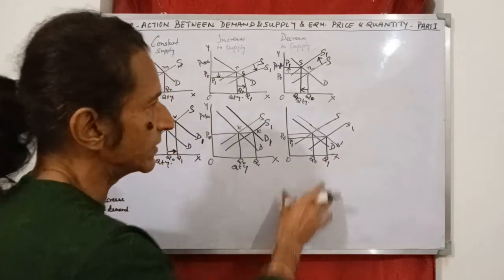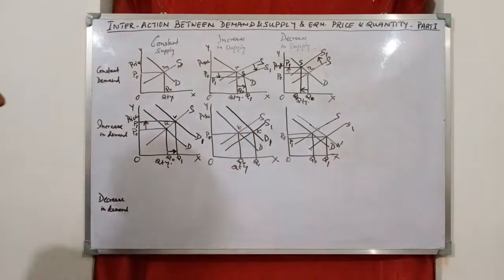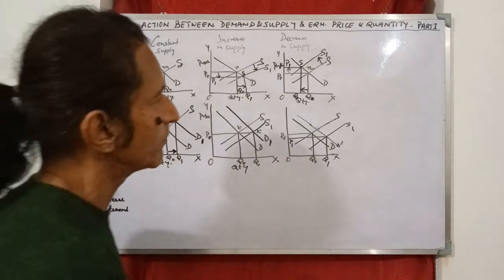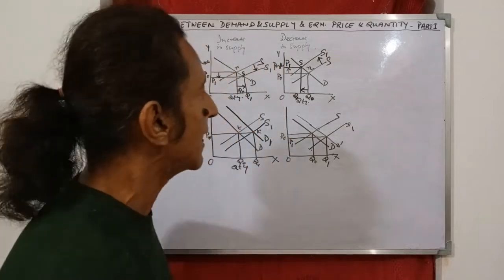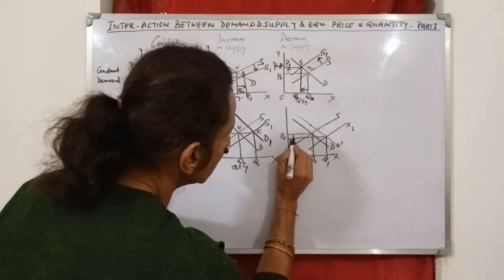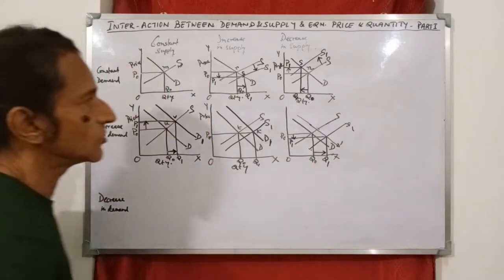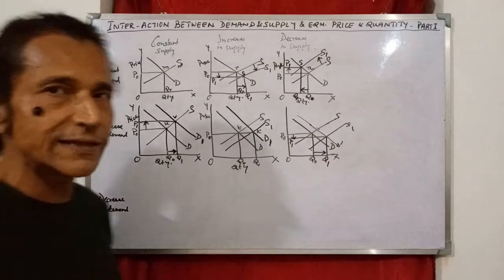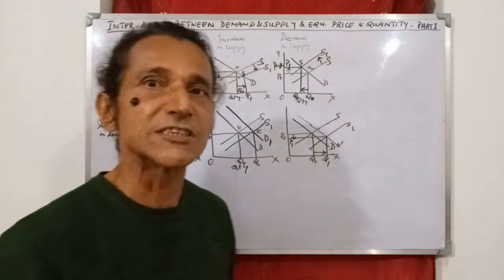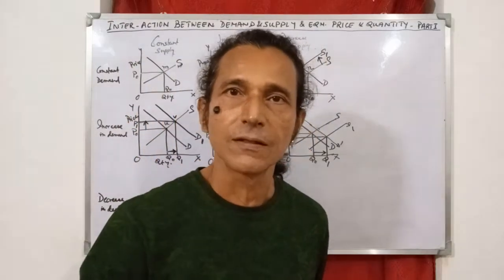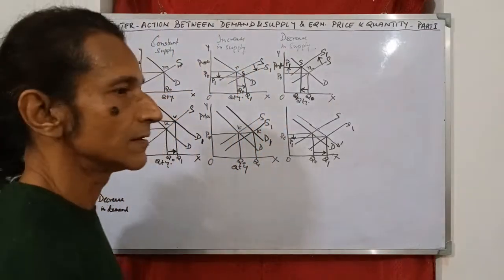Here the same thing is happening, that is demand is increasing and supply is also increasing, but increase in supply is more than the increase in demand. As a result, equilibrium price has fallen, equilibrium quantity has increased. So whether there will be any change in price or not, that depends upon the relative strength of the change, that is the relative strength of the change in demand and supply. Correct?